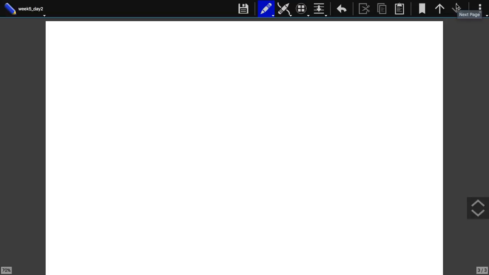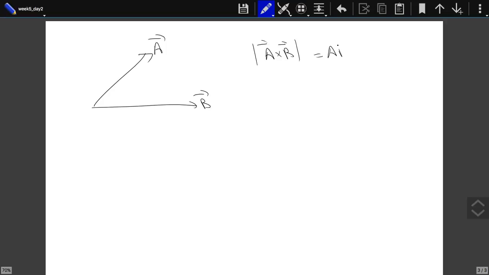Let's remember what the cross product is. This is the vector A, this is the vector B. A cross B. What is the magnitude? AB times sine theta. This is the magnitude of the cross product.